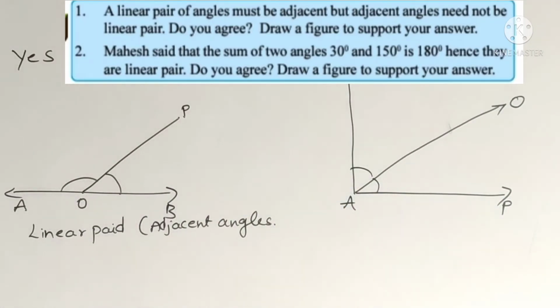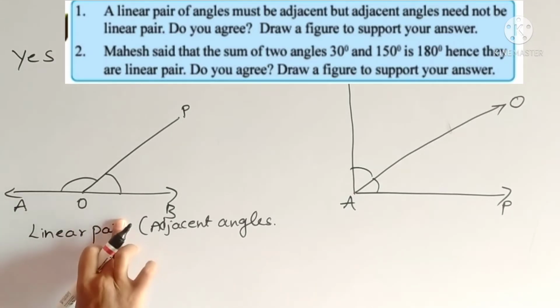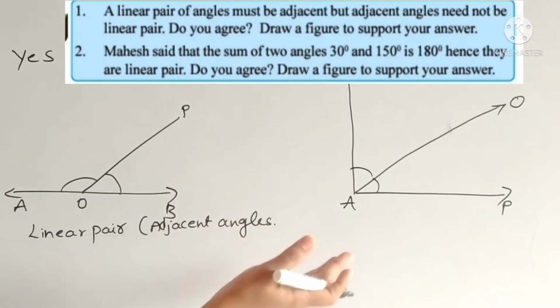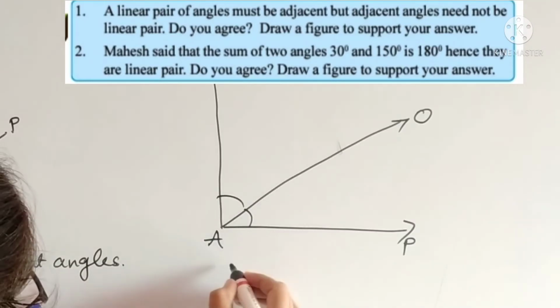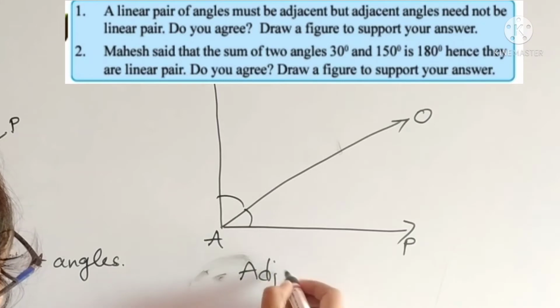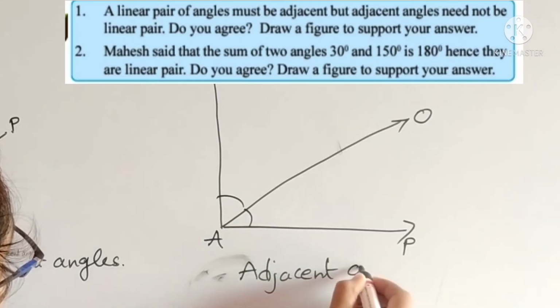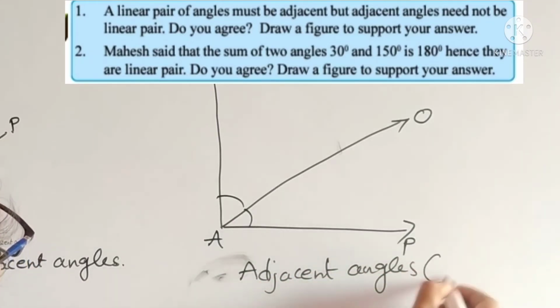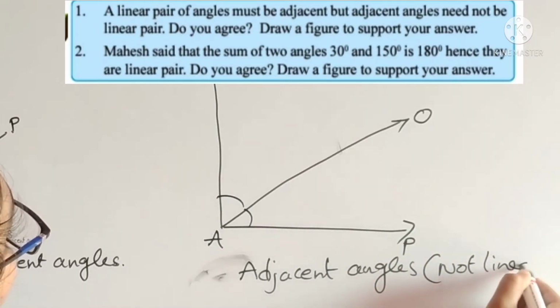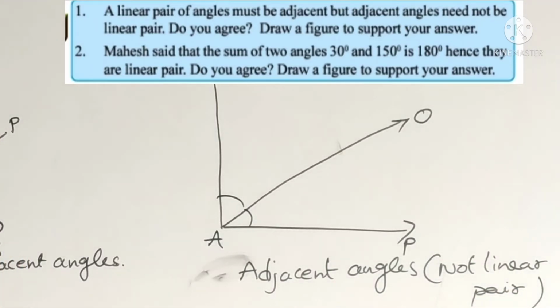These two angles are only adjacent angles. They are not a linear pair. Linear pair means the sum of two angles must be 180, but here the sum is not 180. So they are just adjacent angles only, not linear pair. So all adjacent angles need not be linear pairs.